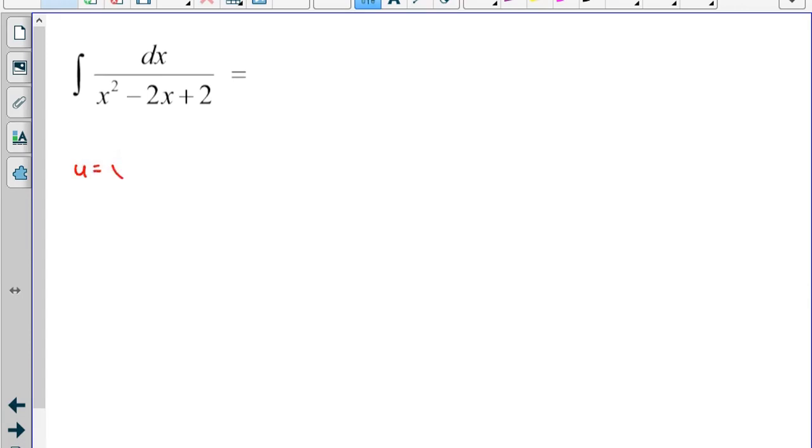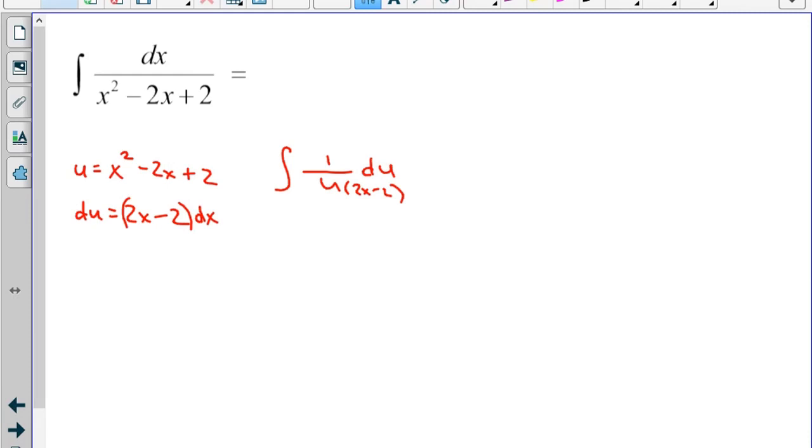But if I do a u substitution on the denominator, I'm going to get du equals 2x minus 2 and then I'll have the integral of u du, and then I also have this 2x minus 2 in the denominator, and I can't really solve that given the u that we already had. This is not going to work very well.